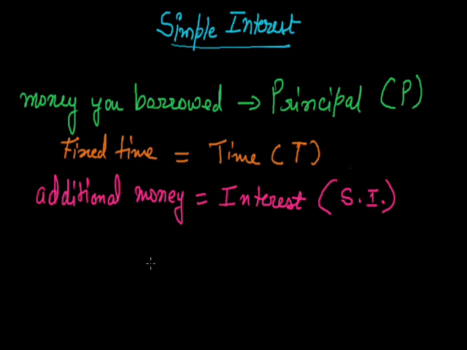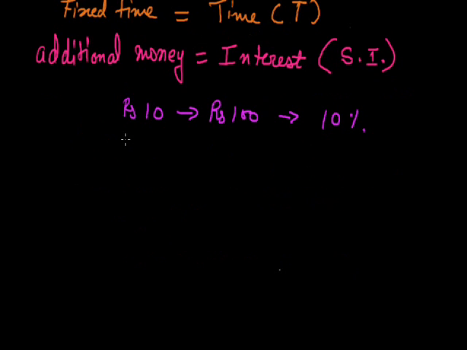Now if you are paying rupees 10 for 100 rupees, then this means that the rate of interest is 10%. Again, if you are paying rupees 3 for every 100 rupees you borrowed, then the rate of interest is 3%.